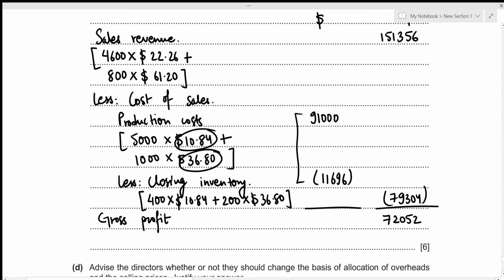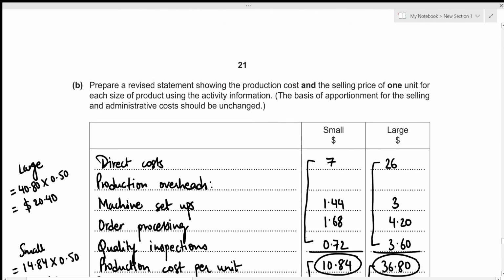Now we also need to reduce our fixed cost, which is the selling and administrative overheads. Let's deduct that. So we were given the selling and administrative overheads above. Let's have a look.